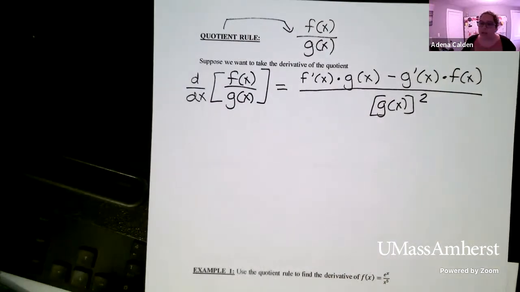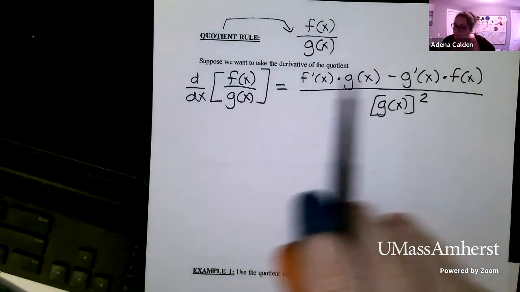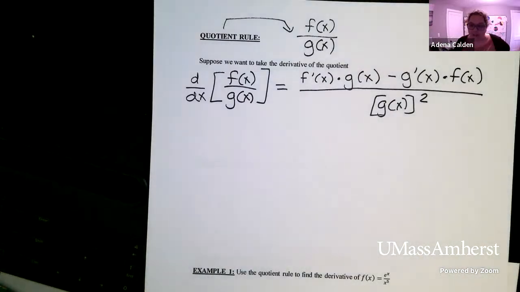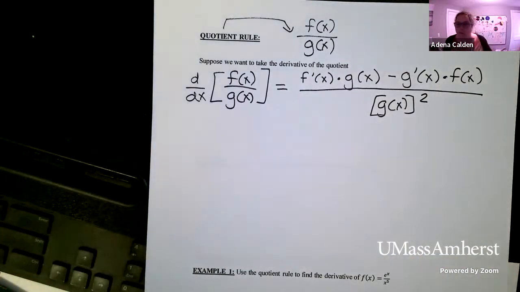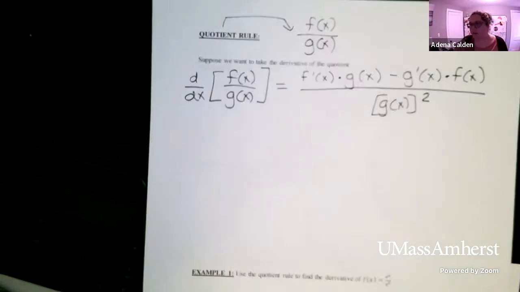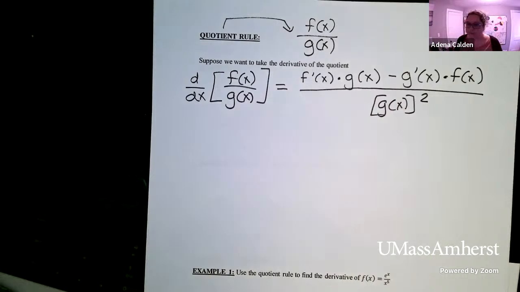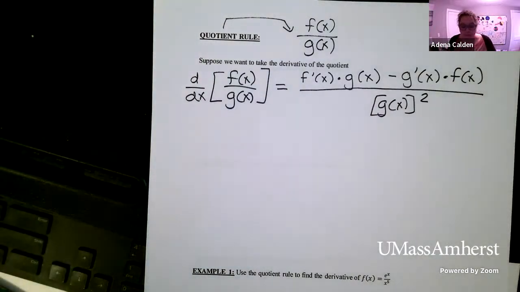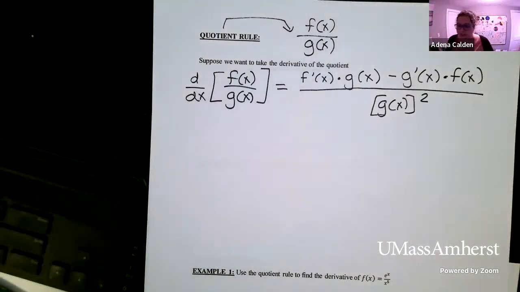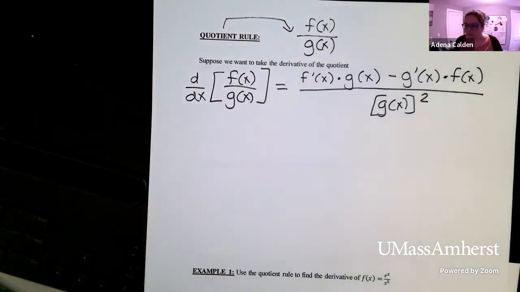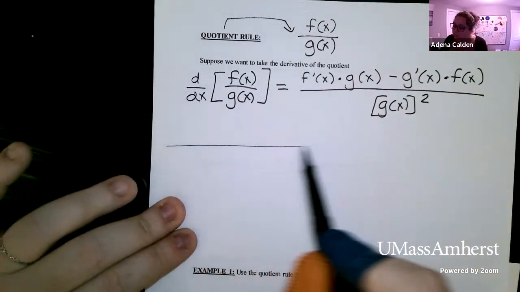And I have to be really careful about plugging in exactly like this. If this is not a formula that you will remember, you'll want to put a box around it and a star so that you can quickly reference it whenever you're doing the quotient rule. Okay, so again, we're going to walk through an example together and do all the steps out really carefully, learning how to apply this formula.